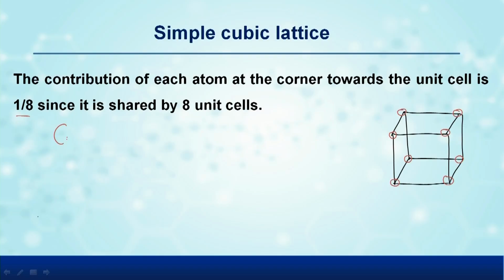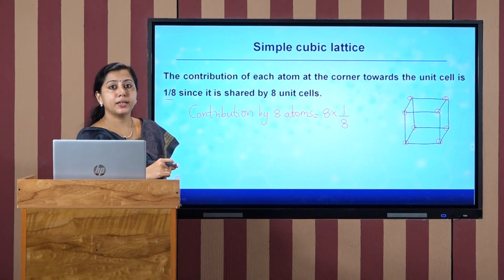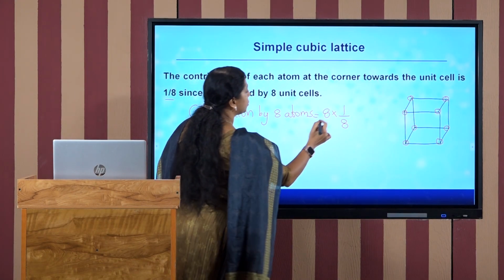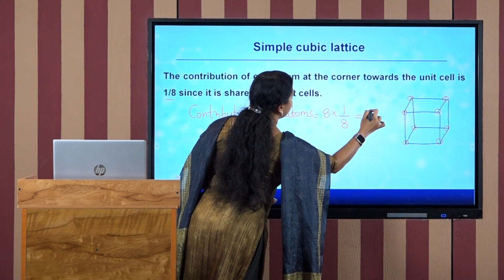We have 8 corners, each with an atom. So, the contribution by 8 atoms towards the unit cell can be written as 8 into 1 by 8. Why 1 by 8? Because each atom contributes 1 by 8 towards the unit cell. So, there are 8 atoms, and 8 into 1 by 8 is equal to 1.